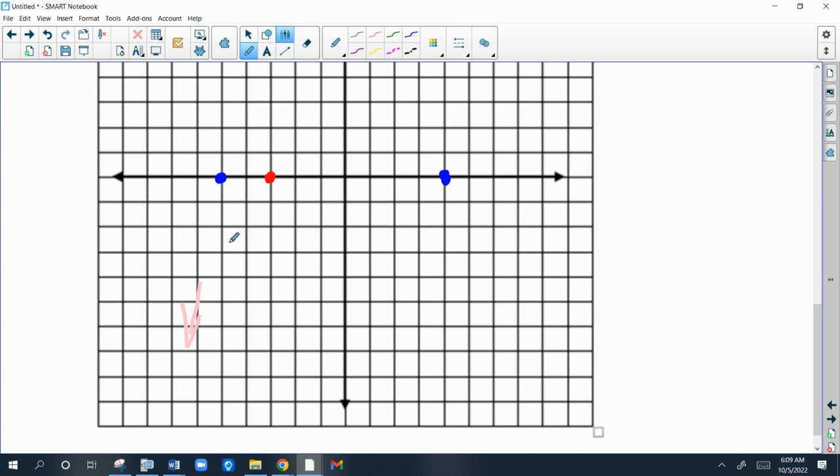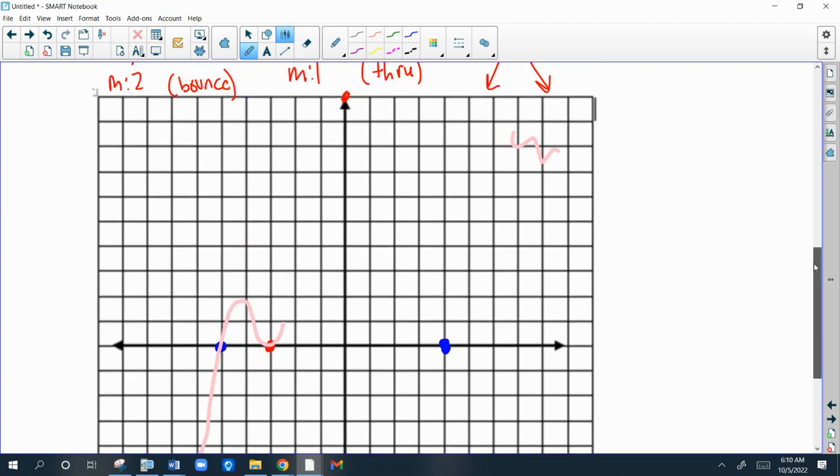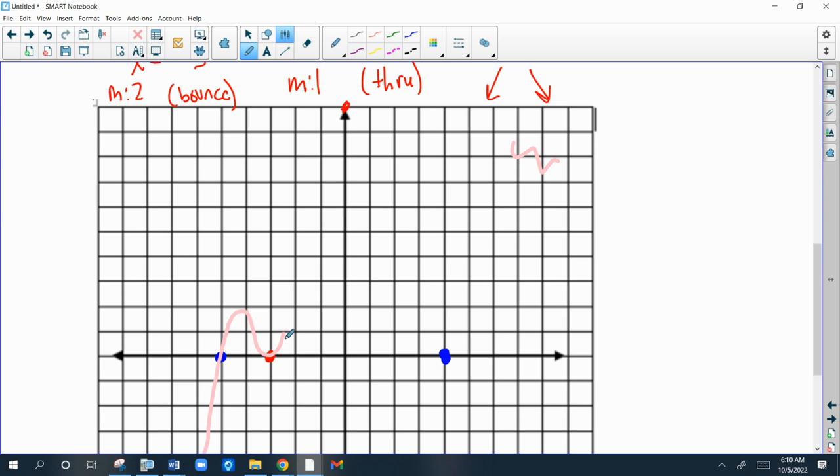Now remember, the blue ones it's going to go through because they have odd multiplicity. So I'm going to go through this one. I'm going to make a smooth graph because it's a polynomial, so a nice smooth turn. It's going to bounce off this red one, so again, a nice smooth turn on the bounce. And then it's going to go way up to 180, which I'm going to put way up here.